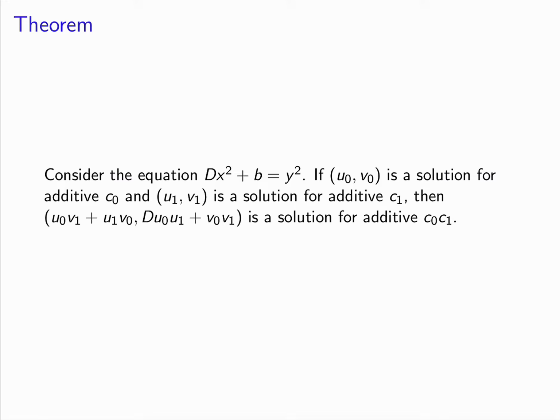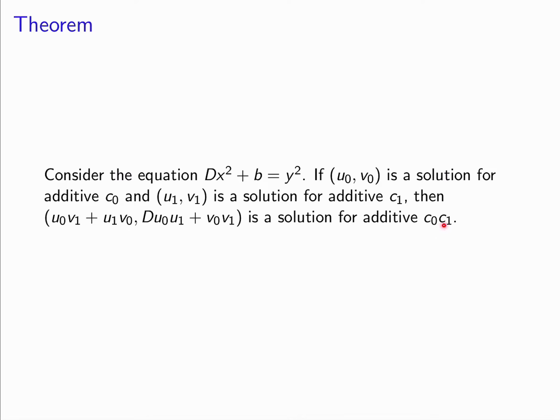So if we consider the equation we're given, except we're going to make one little change, maybe we need to adjust this 1 to some general b. If we can find a solution u naught, v naught for additive c naught, which means replace this b, and another solution u1, v1 for additive c1, which means replace that with something else or possibly the same number, then this will be a solution for additive c0 times c1.